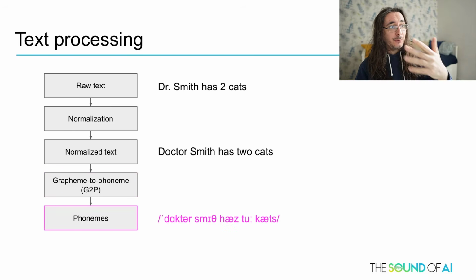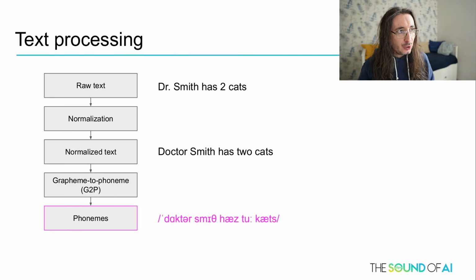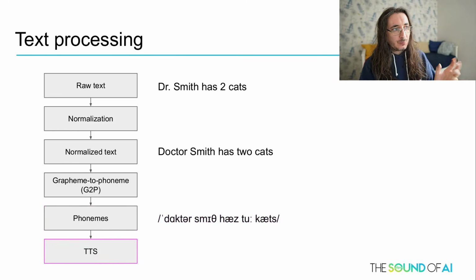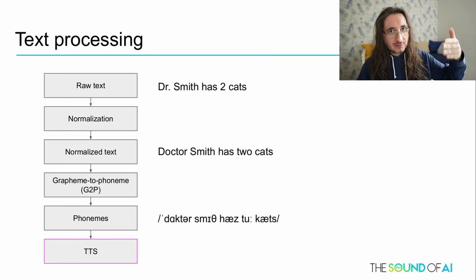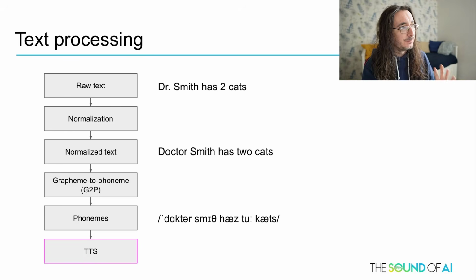Once we go through the G2P process, we get back the phonemes for Doctor Smith has two cats, in this case implemented using IPA, the International Phonetic Alphabet. Okay, so that's text processing. And once we're done with the phonemes, we pass those phonemes into the remaining part of the TTS pipeline, as we've seen earlier.